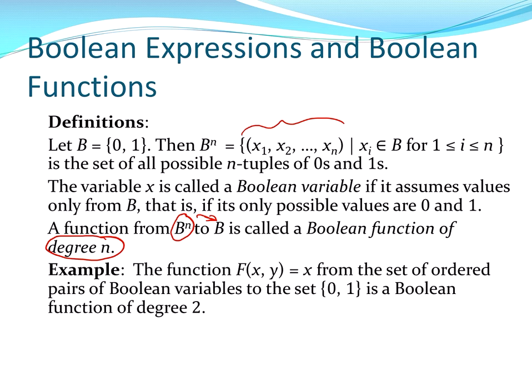Here we have a function that has an input of 2 variables, that is, comes from B^2. And the result of that function is we just take the value of the first element in the 2-tuple, the ordered pair. This would be a function of degree 2.